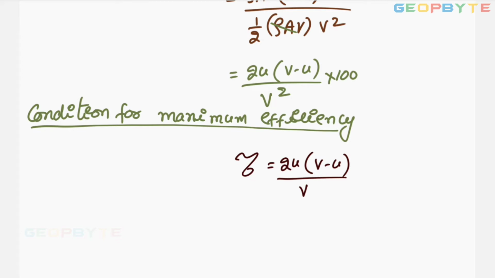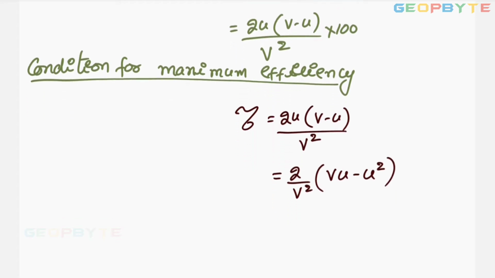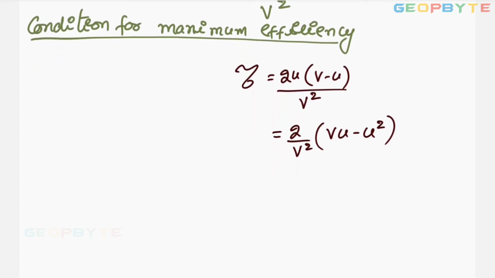V square can also be written as 2 by V square into Vu minus U square. For a particular velocity of the jet, from this the efficiency is completely depending on the blade speed U.